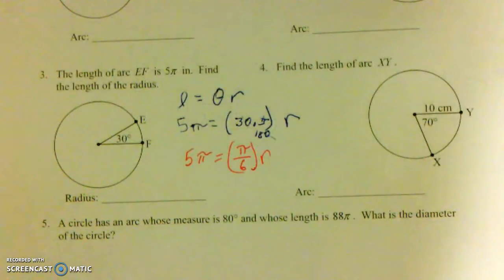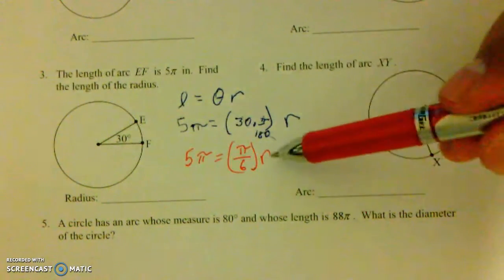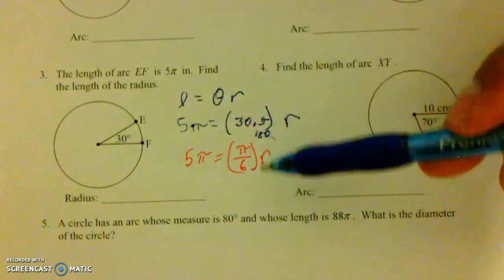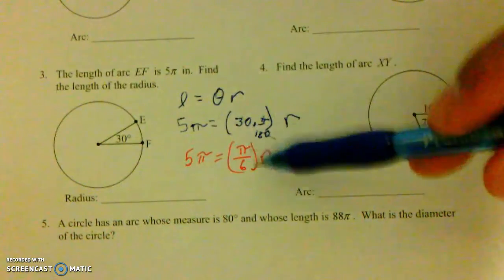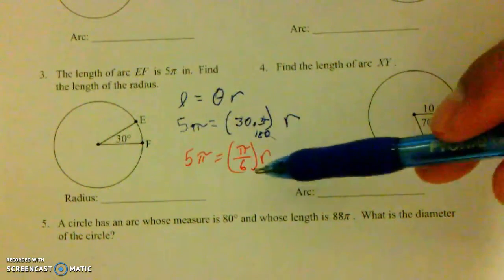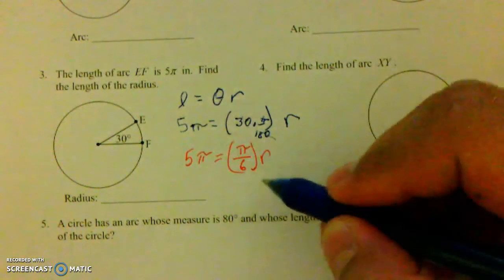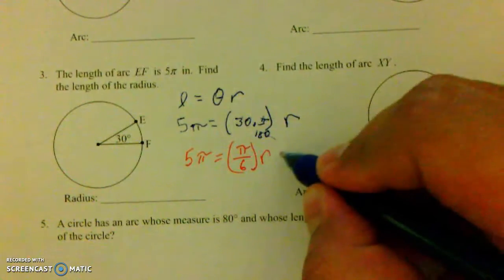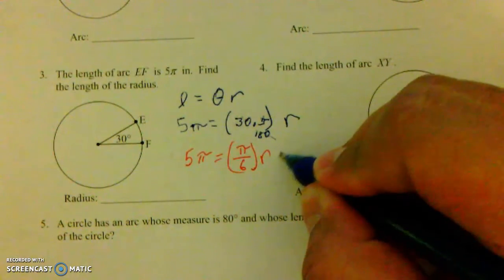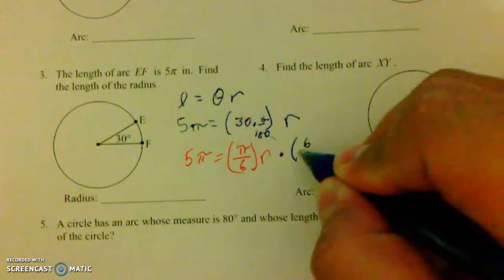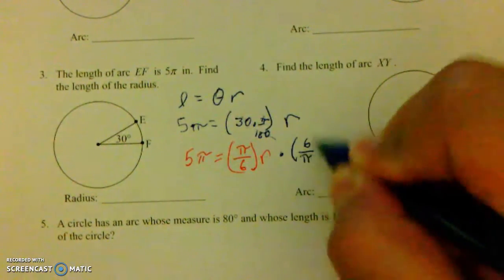Now, this next part is what's tricky, because you want to get r by itself. So you have to do the opposite. Right here, you're going to see that it says times pi over 6. So you want to do the opposite, which is dividing by pi over 6. But another way of thinking of that, instead of dividing, because that's just going to look disgusting, is to multiply both sides by the reciprocal, because that will also do the same thing.